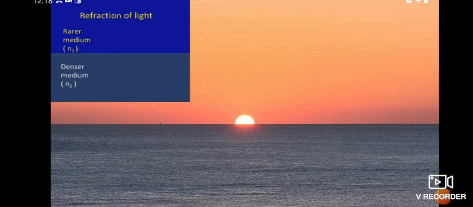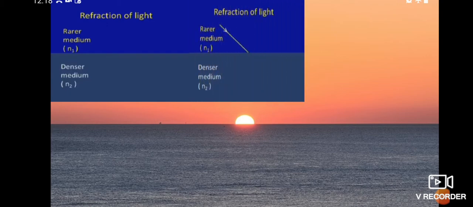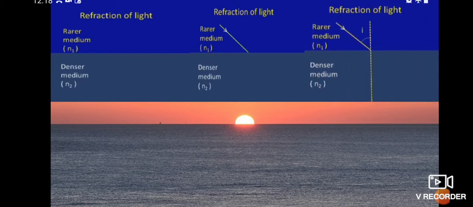The rarer medium is taken as N1 and the denser medium is taken as N2. Here the light ray is coming in an inclined manner. I have drawn a normal line, and the angle of incidence is taken as I.